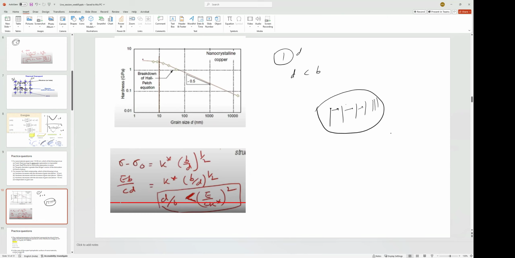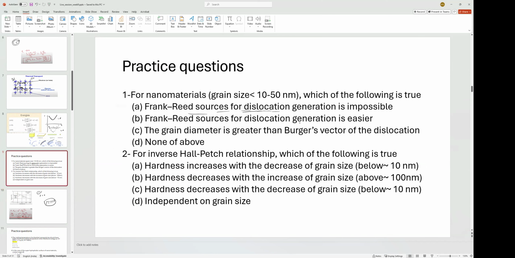The point where a dislocation is generated is your source of dislocation.